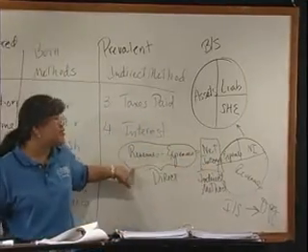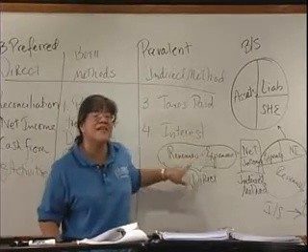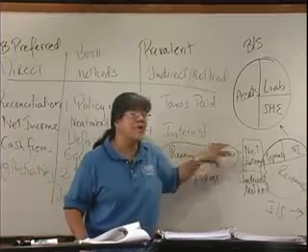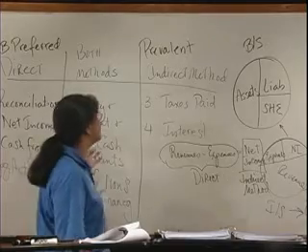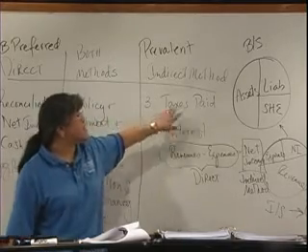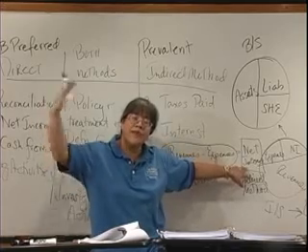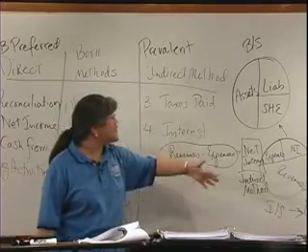In the direct method of presentation, the operating section looks at the revenues and the expenses and converts those from the accrual basis to the cash basis. But you see that each one would be equal. Now, for the indirect method of presentation, if they choose to put the reconciliation of net income from the accrual basis to the cash basis in the operating section, that would be the indirect method presentation.